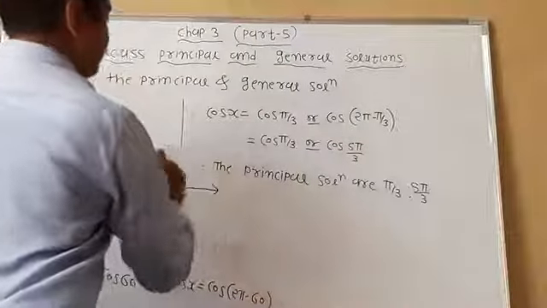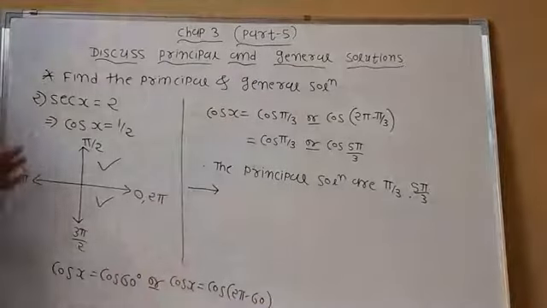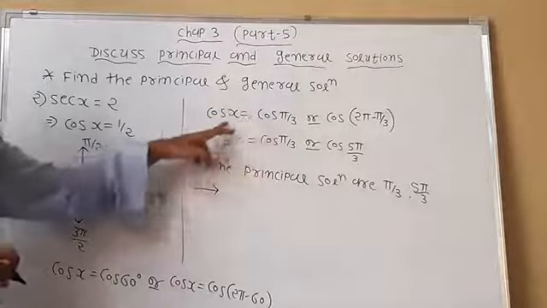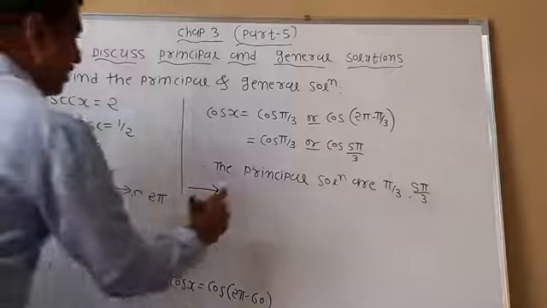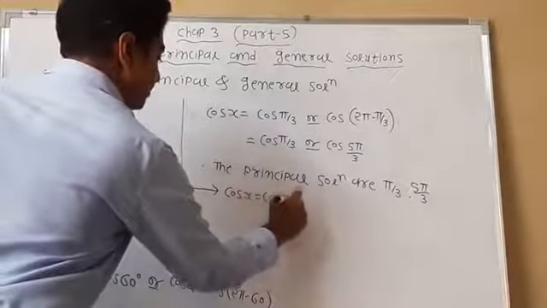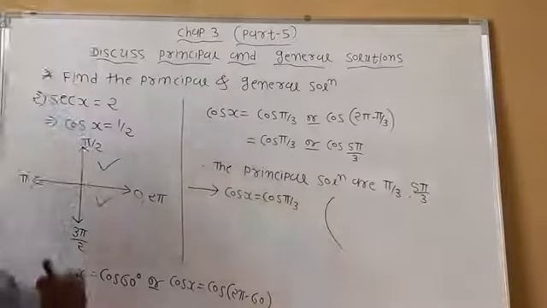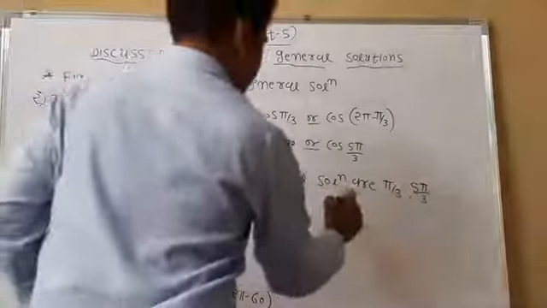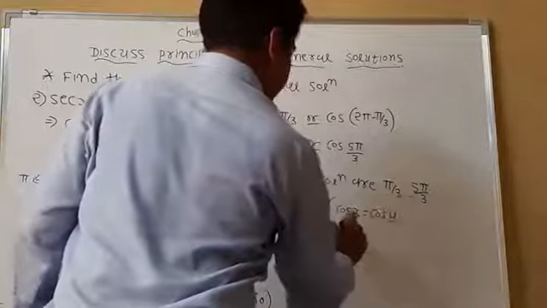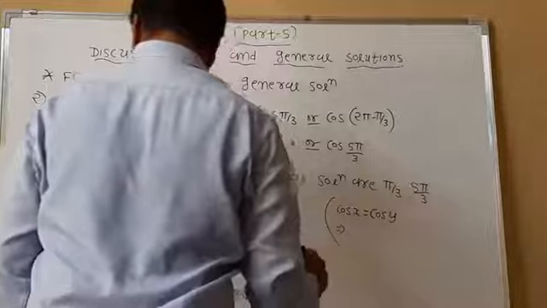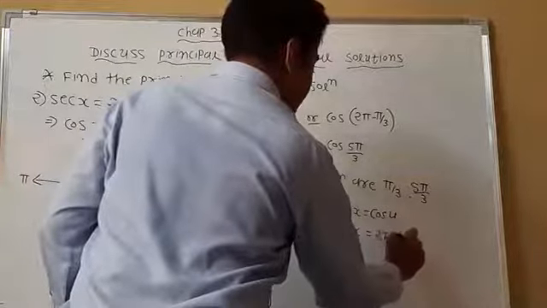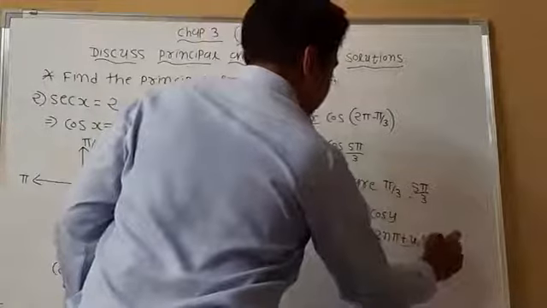Now after that, find out the general solution of this equation. So again here we can consider the first term, first position. So cos x is equal to cos pi by 3. Now we know that cos x is equal to cos y implies x is equal to 2n pi plus minus y, n belongs to z.